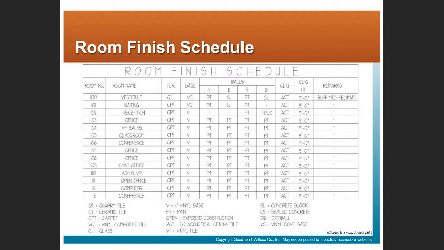In this case, this is talking about a 4-inch vinyl base. And what is PT? PT is paint. ACT 2x2 acoustical ceiling tile. And the ceiling height. Remarks: surface mounted.